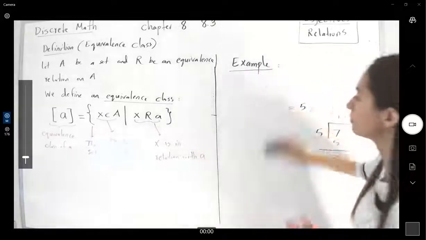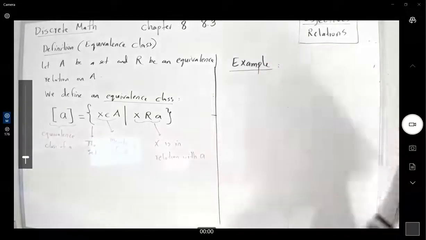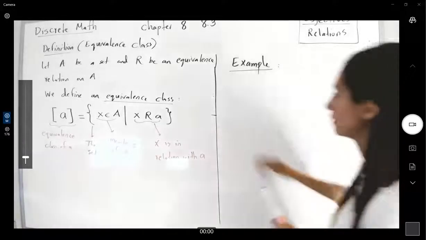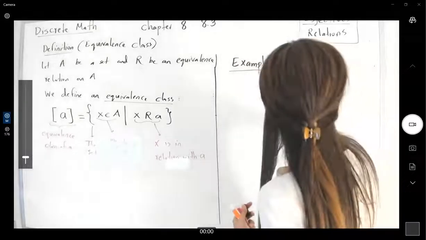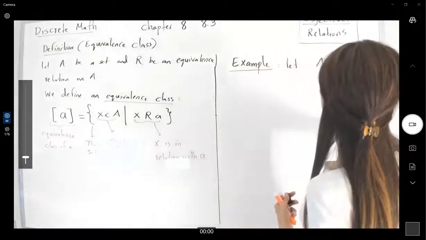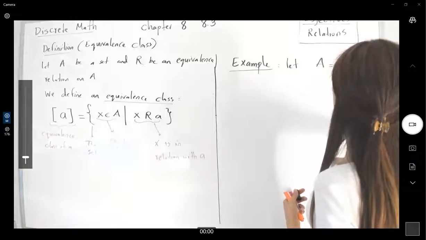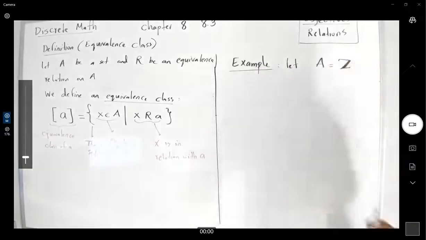I'm just going to give you a very easy example. Let A be equal to Z, talking about integers.